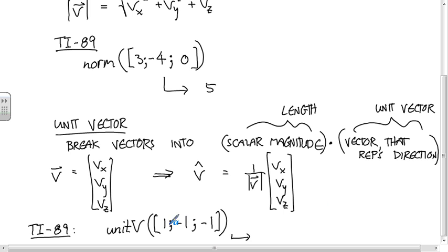The magnitude of this is going to be the square root of 3. You divide each of these by the square root of 3, and you'd get a vector out that is 0.577, -0.577, -0.577.